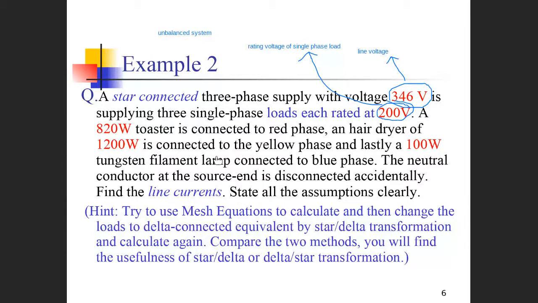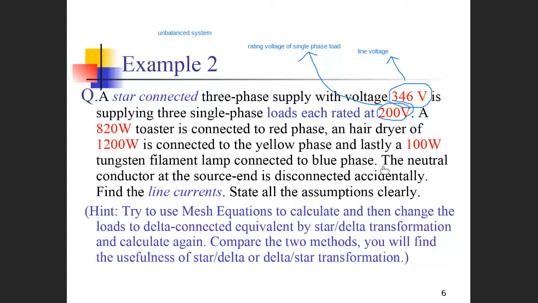Looking at these 3 single phase loads, they are all resistive loads. That means their power factors are all 1. The neutral conductor at the source end is disconnected accidentally.